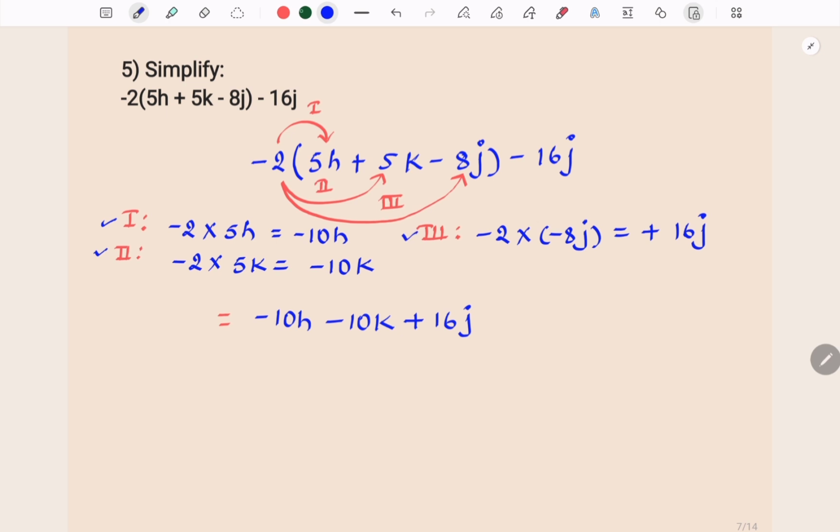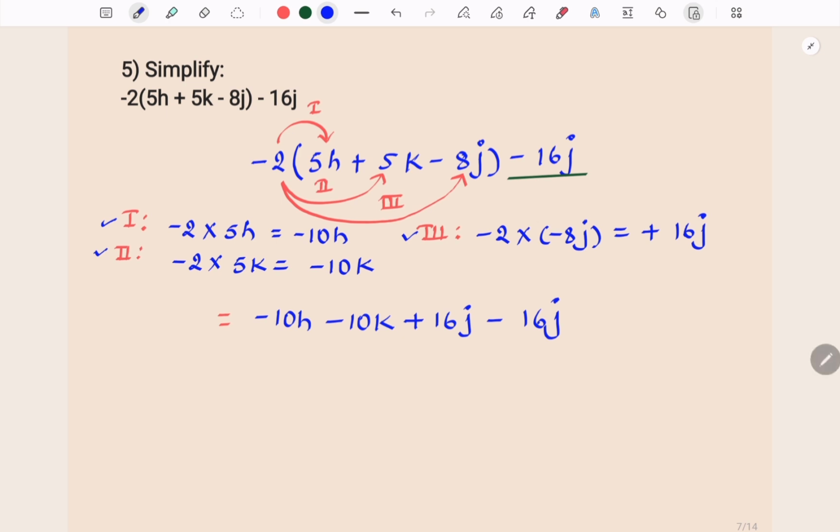And then do not forget about this minus 16j that is already present in the original question. So I will have to write this minus 16j. Do not forget about this part, because many a times students multiply and write these terms but they forget what is already present outside the bracket.